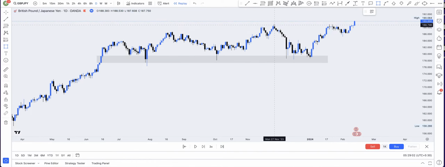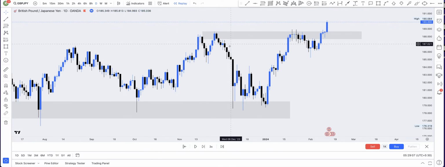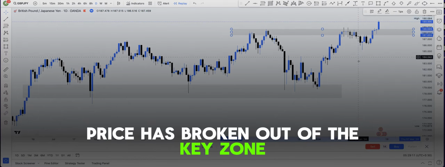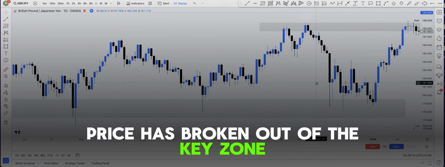Then we also have our second key zone here. You can see what is happening here already. Price has broken out of the key zone. Let's see if we can get another key zone over here too.